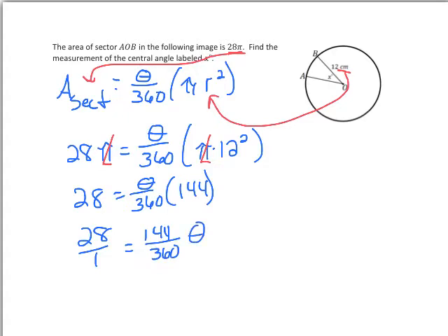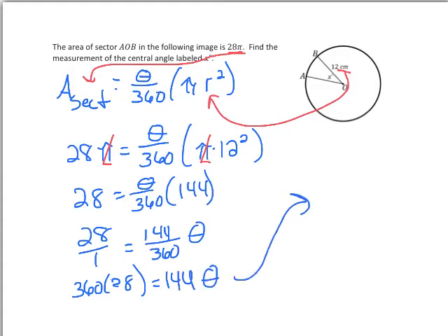So you can say 360 times 28 is equal to 144 times theta. And in the end, you get theta is 70 degrees. So that's an introduction to using a scale factor for finding the arc length and the area of a sector.